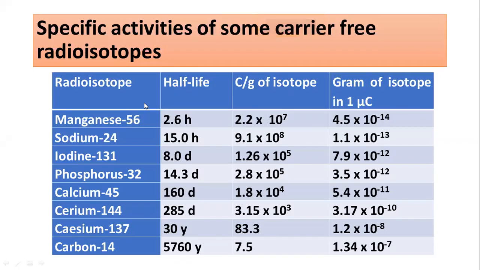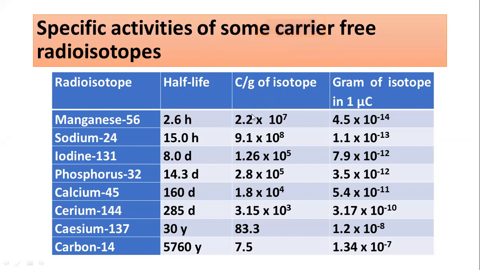This is the graph which is showing you the specific activities of some carrier-free radioisotopes, and some of the radioisotopes are given over here. These are the half-lives, and this unit is going to give you the indication that this is the specific activity, curie per gram of the isotope.